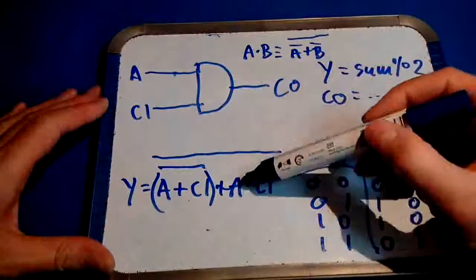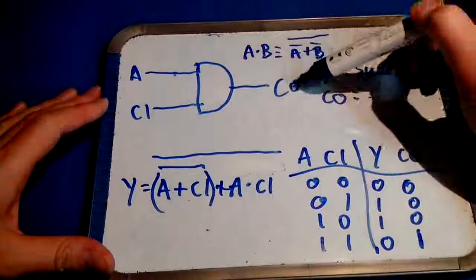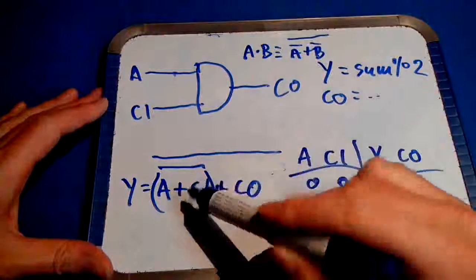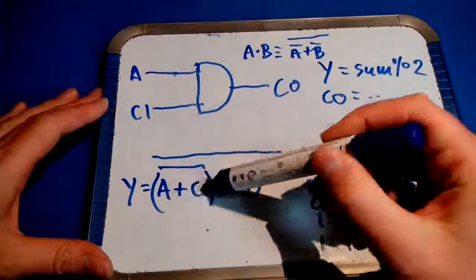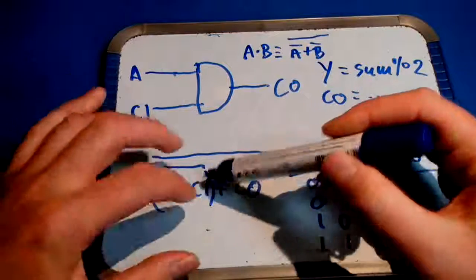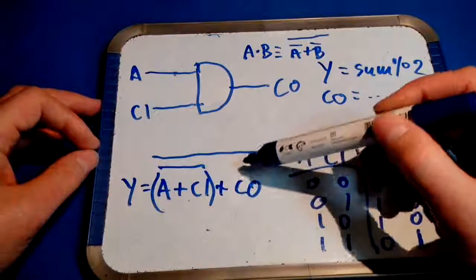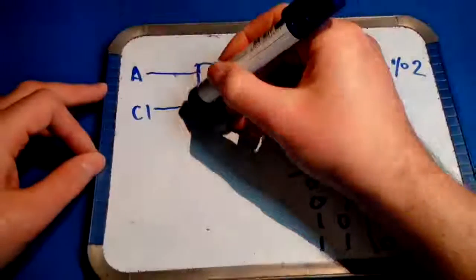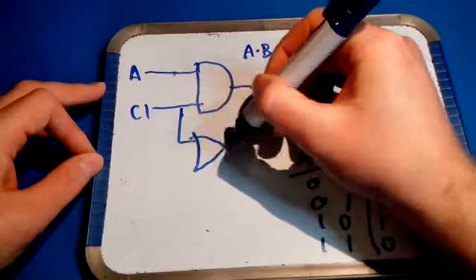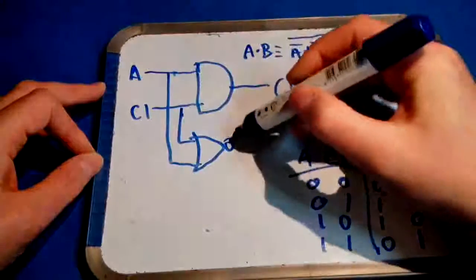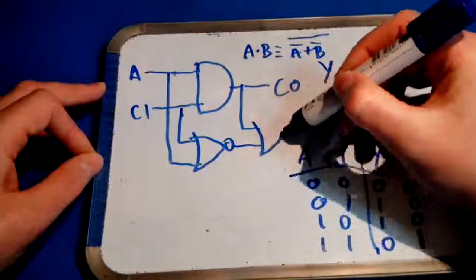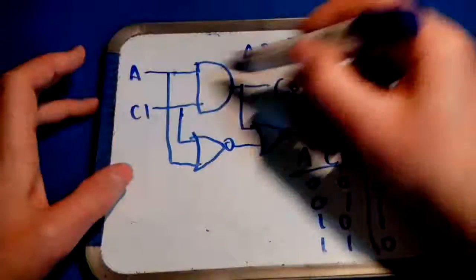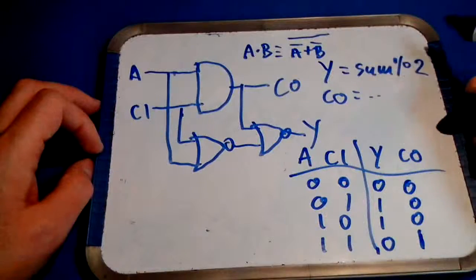And now it's a bit simpler, because A and carry in is exactly carry out. So we can replace that with carry out. So what you see now is a NOR function of A and carry in, and the result of that NORed with carry out. Now we can draw that here, namely one NOR there, and the result of which is NORed again with carry out to form Y. So this is a half adder made using discrete gates.